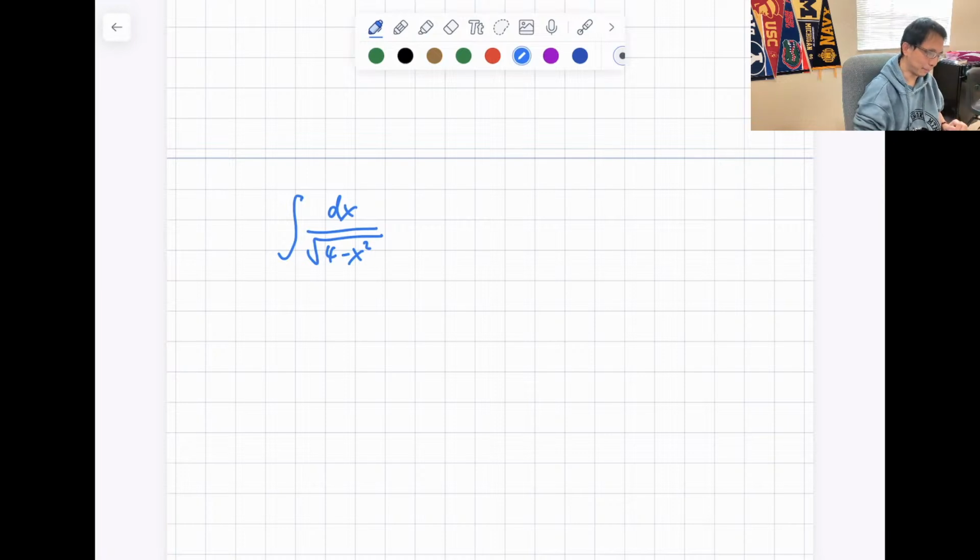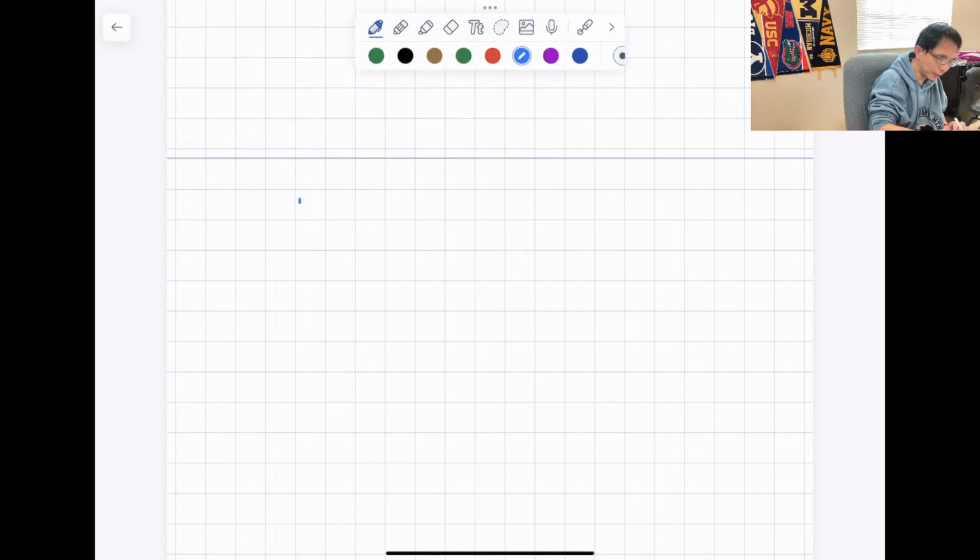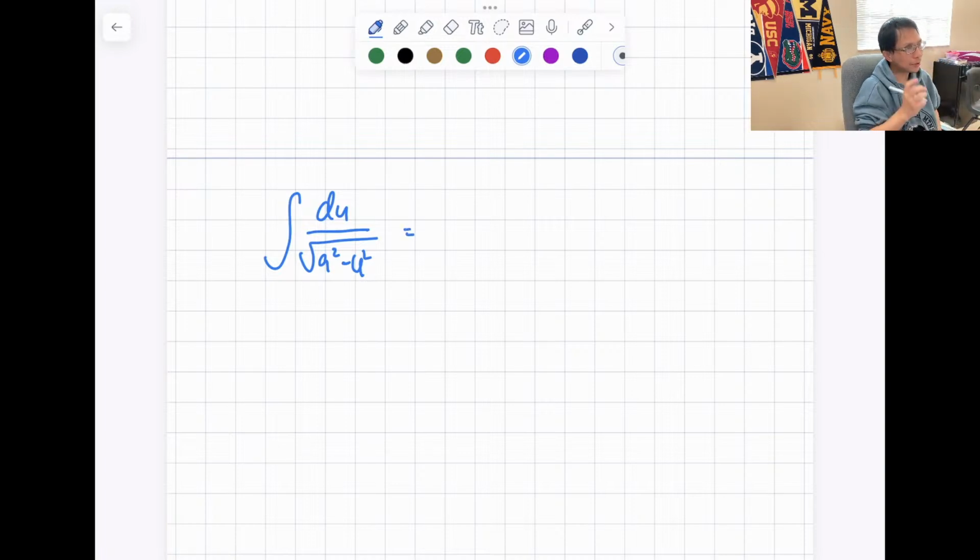Okay, so what we're going to do is, sorry, this is the example question. I'm just going to give you a formula. So the integration of du over the square root of a squared minus u squared. Now this one, what does it look like? What looks like the derivative of something?